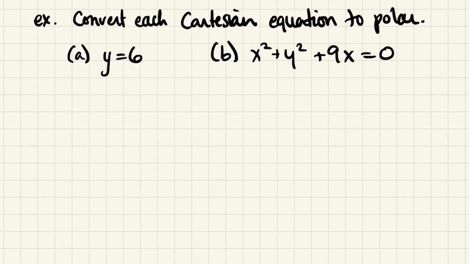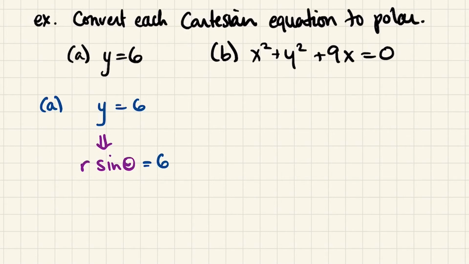All right, and here we're going to convert Cartesian equations to polar form. So looking at part A, we have y equals 6. And we know that y is equal to r sine theta. So we can say r sine of theta is equal to 6.